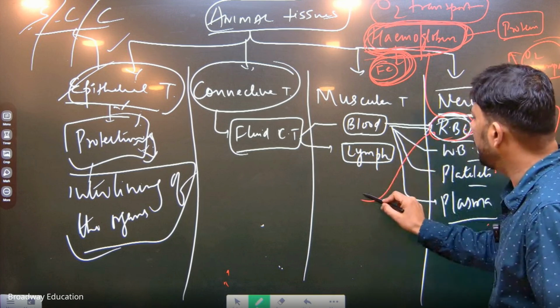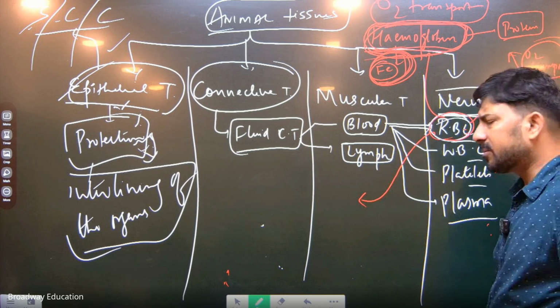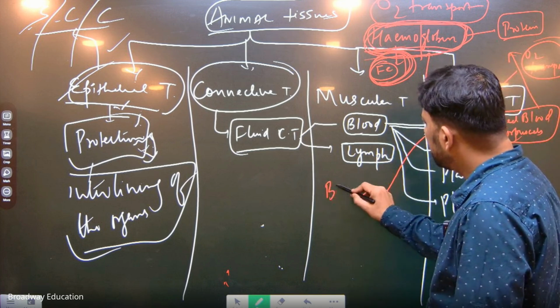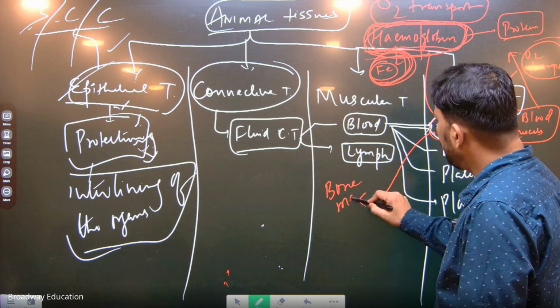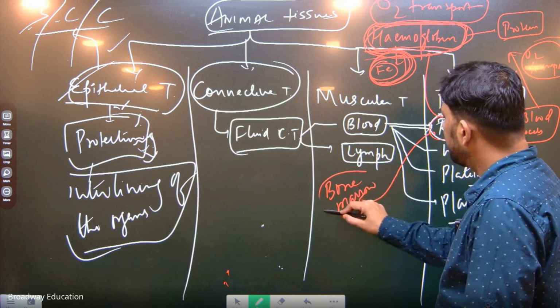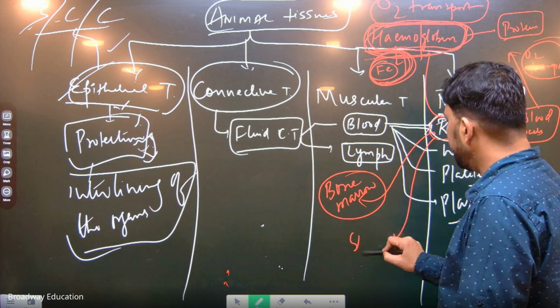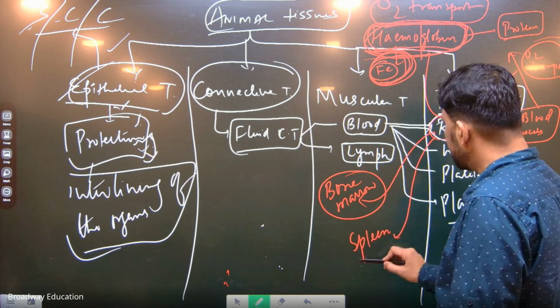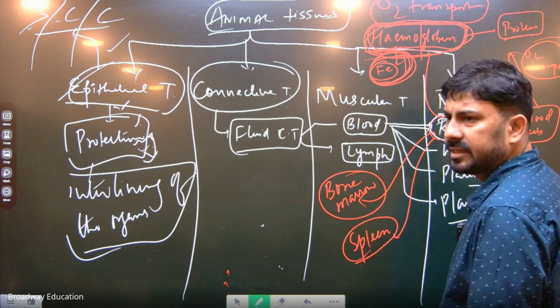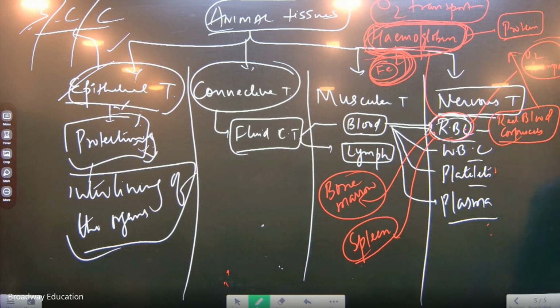Second point is, where are RBCs formed? So RBCs are formed in the bone marrow, and they are destroyed where? Spleen. Okay, it is same for others also. Remember these points. Is this part clear? WBC also bone marrow and spleen only.